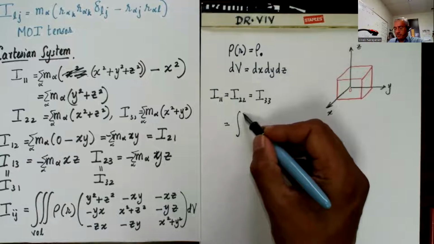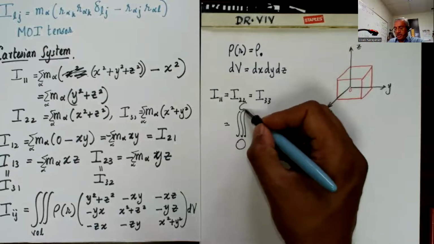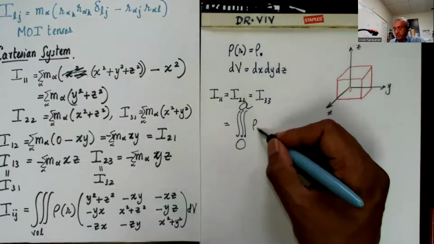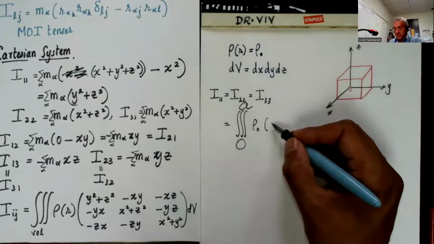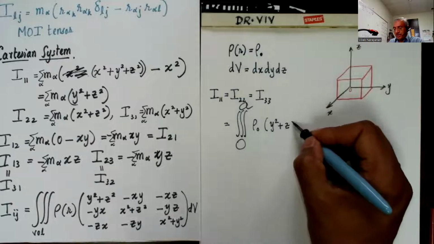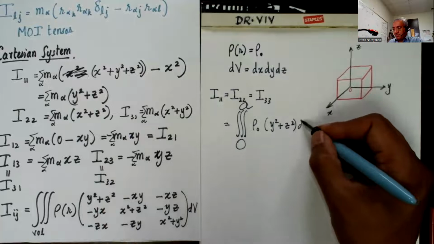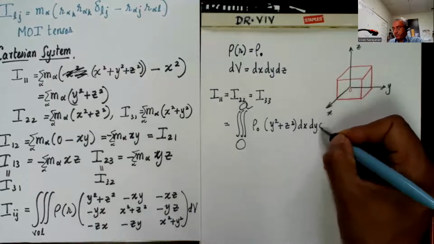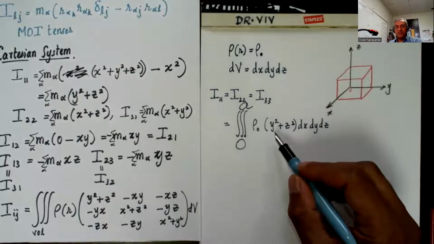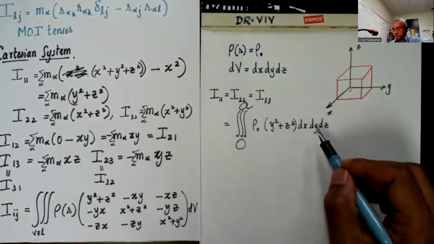So it's going to be the integral from 0 to a. I'll write a big 0 and big A, because it's 0 to a in all three coordinates, of rho naught times, let's just pick one, y squared plus z squared, which is basically I11, times dx dy dz. Well, that's easy to integrate. The integral of y squared dy is just y cubed over 3.